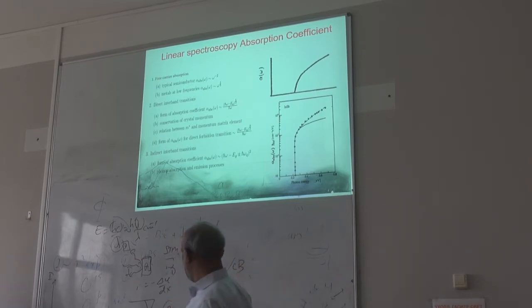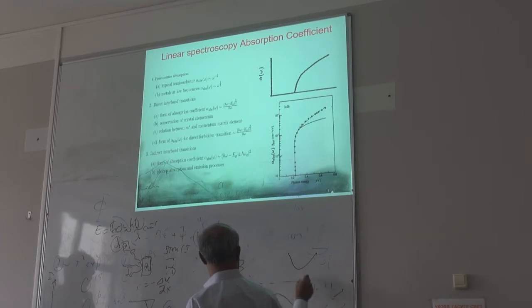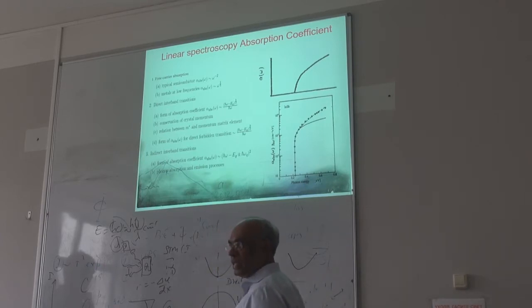Suppose this is the gamma point, this is K, the momentum space. If they are at the same K, this is a direct band gap. If they are at different positions, we call it an indirect band gap.